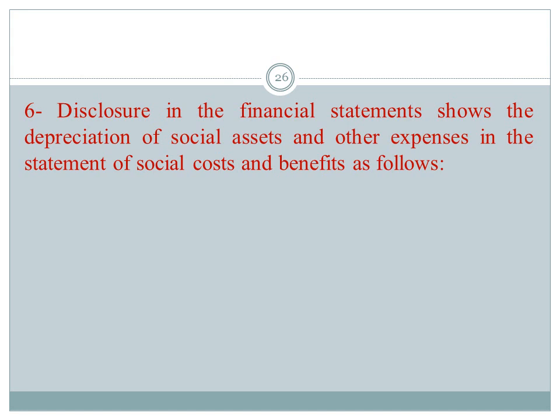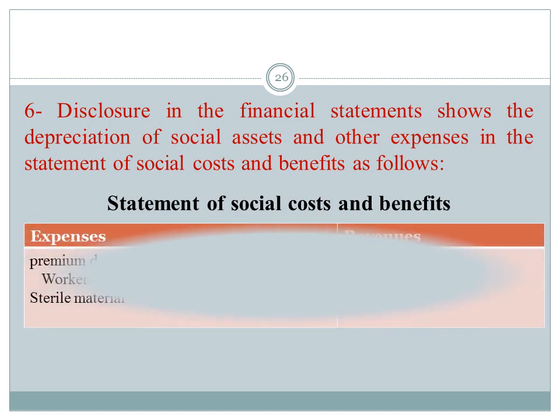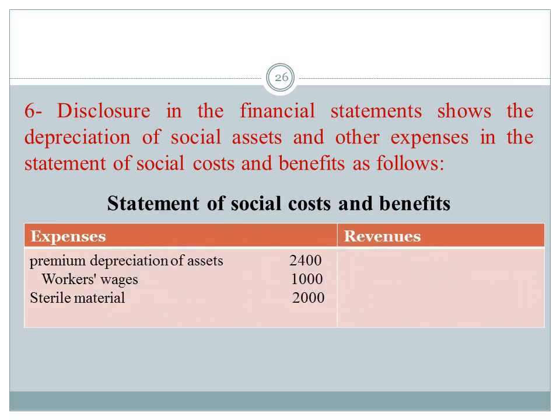Disclosure in the financial statements. There are two statements: the statement of social costs and benefits, and the statement of financial position, balance sheet or our budget. Firstly, the statement of social costs and benefits consists of expenses and revenues.